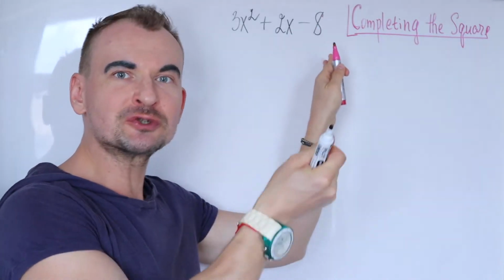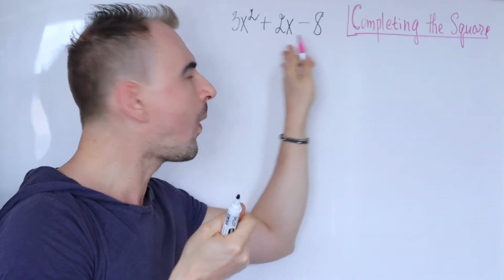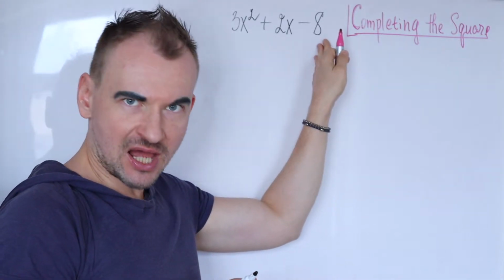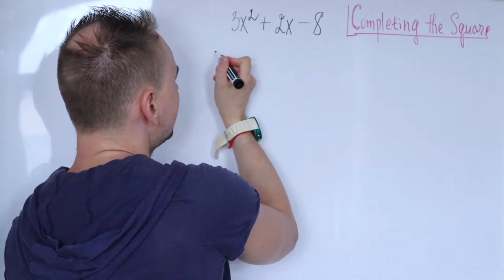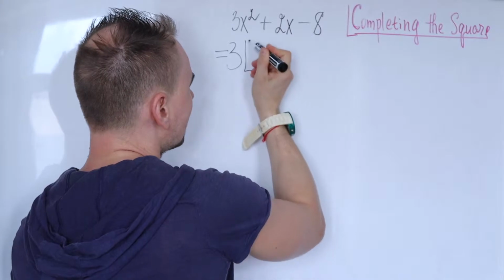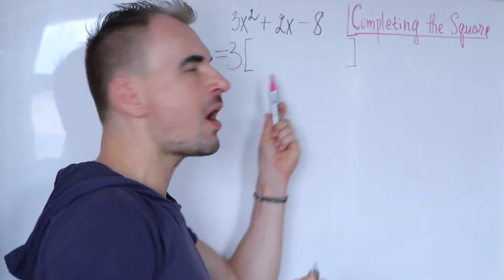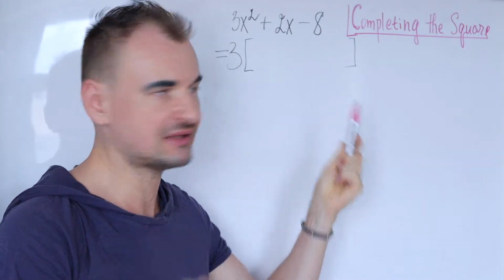So you want to take this coefficient out from all terms, including the last term, which is basically the constant. So in the next line of your work, you would simply write 3. And I'm going to draw the square parentheses, and you will see why in a bit.